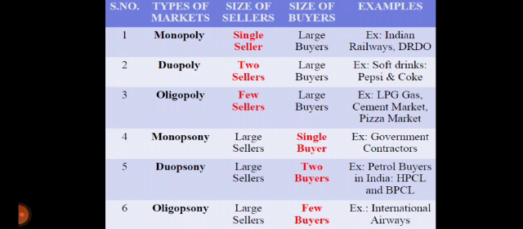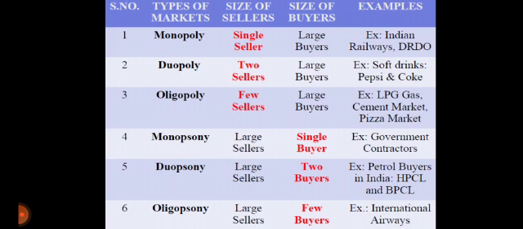And now we are going to summarize all that we have learned. We have seen monopoly, that means a single seller, large buyers. Example, Indian Railways or RTO. Duopoly, two sellers, large buyers, soft drinks, Pepsi and Coke. Oligopoly, few sellers, large buyers, LPG gas, cement market, pizza market, all those.